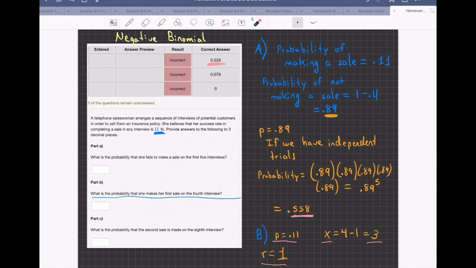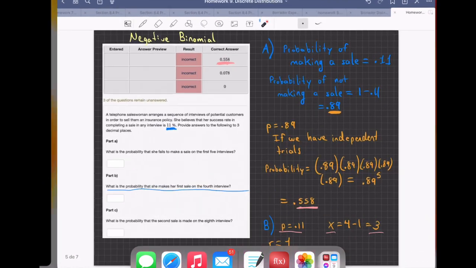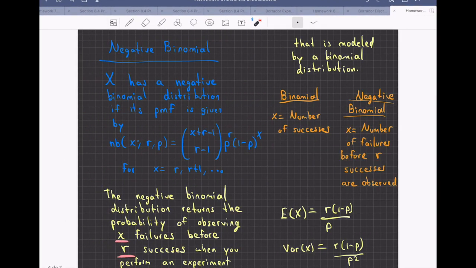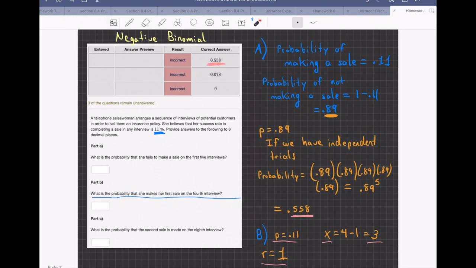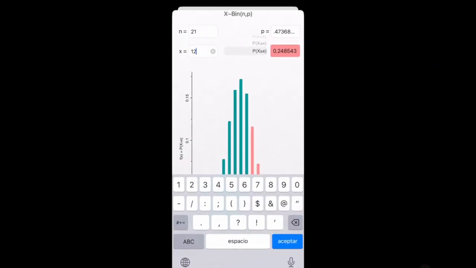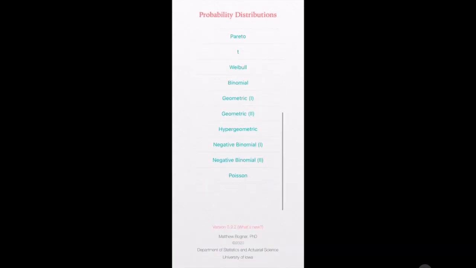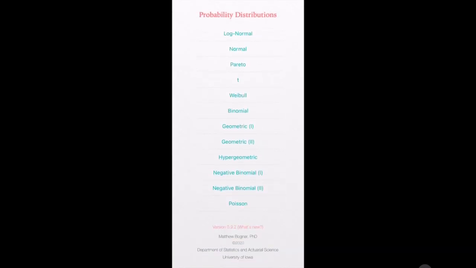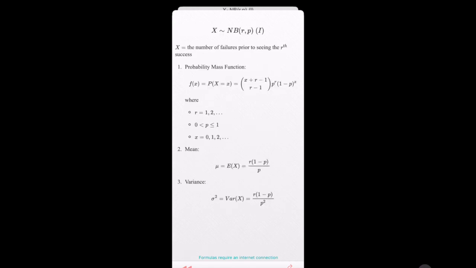And of course, you can take advantage of the application. If you want to substitute into this formula, you will have the answer. But again, I'm going to be using the application. Look for negative binomial. We have 2 versions for the negative binomial. I think you need to verify that it's the one that matches our formula. Both are equivalent. I think this is the one, the first one.